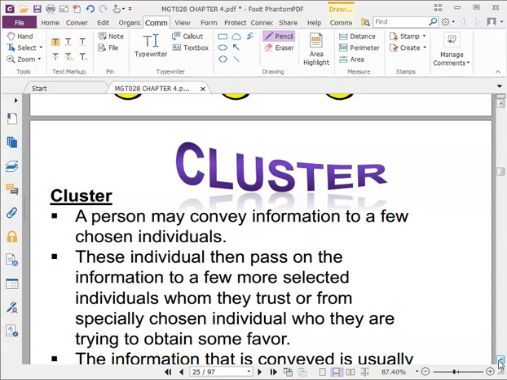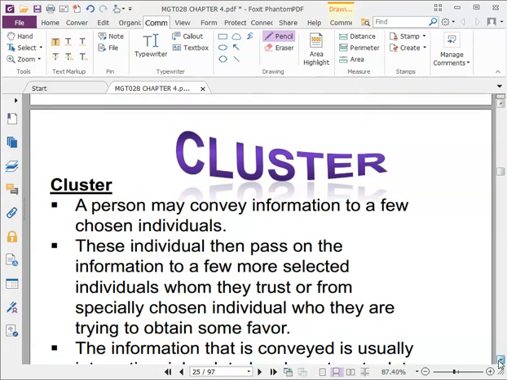Okay, cluster pula. A person may convey information to a few chosen individuals. Okay, ada yang tertentu saja yang dipilih-pilih. Okay, untuk sampaikan information. This individual then passes on the information to a few more selected individuals whom they trust, or to specially chosen individuals from whom they are trying to obtain some favor.